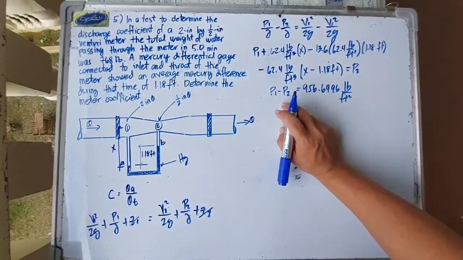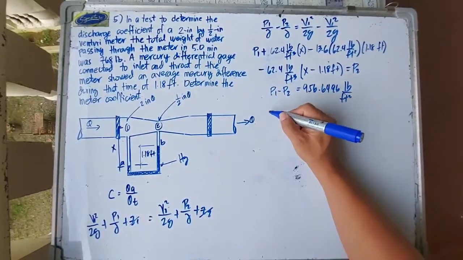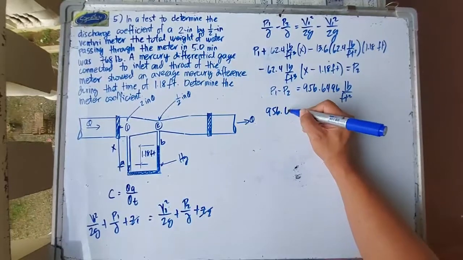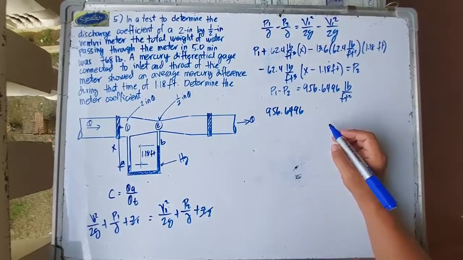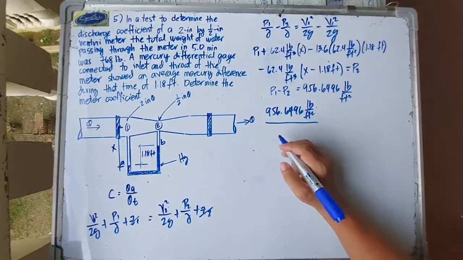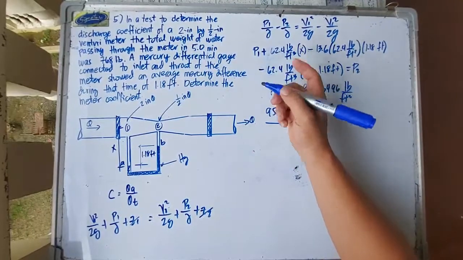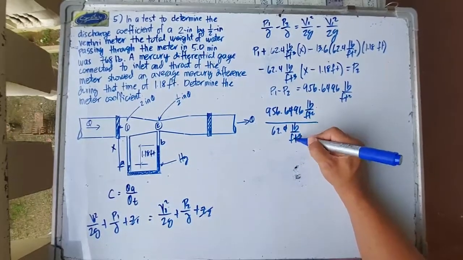We substitute this value in the energy equation, so we have 956.6496 pounds per square foot divided by the unit weight of water at 62.4 pounds per cubic foot.